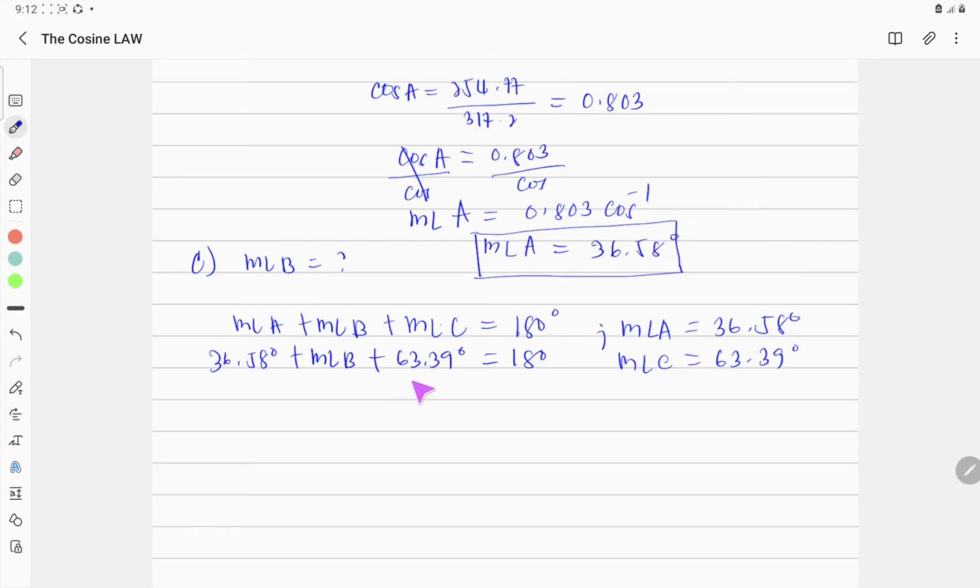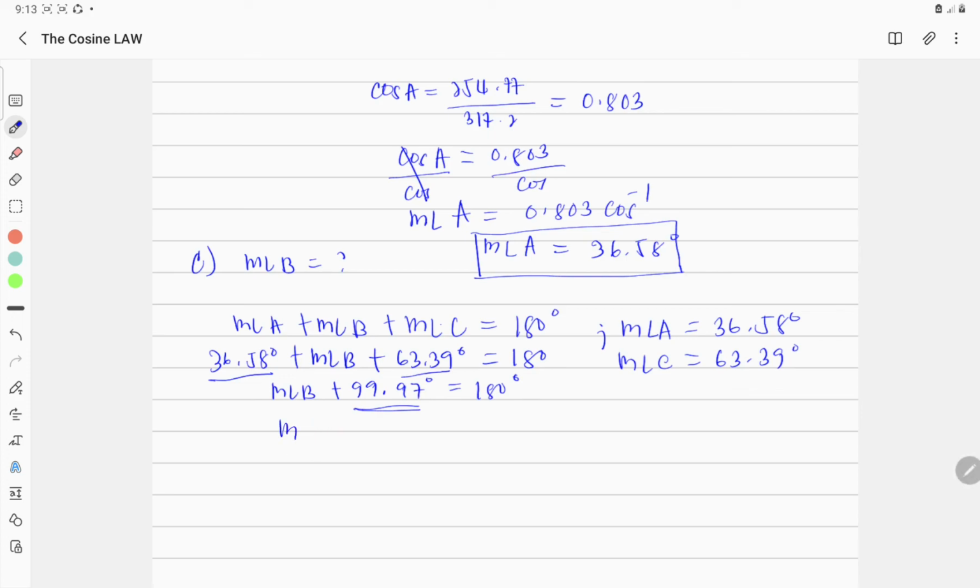Combining, 36.58 plus 63.39 gives us 99.97. So measure of angle B plus 99.97 equals 180 degrees. We transpose this to the right, so it becomes negative.